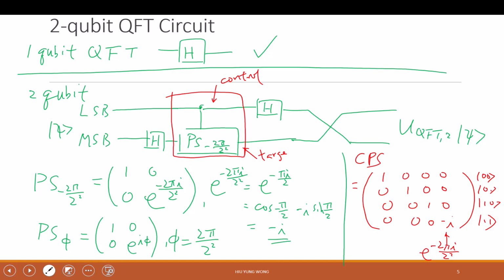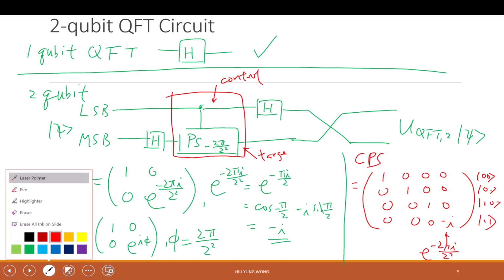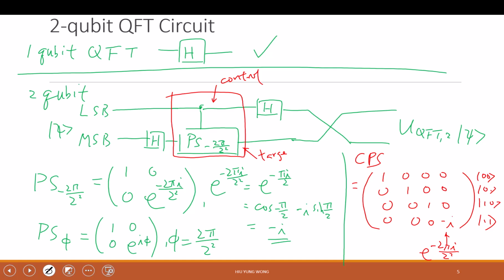And let's say you really forgot how you construct this matrix. Just remember the elements of the matrix are CPS i, j, for the i-th row, j-th column. So you try to apply them.